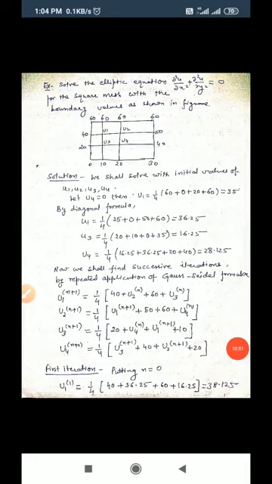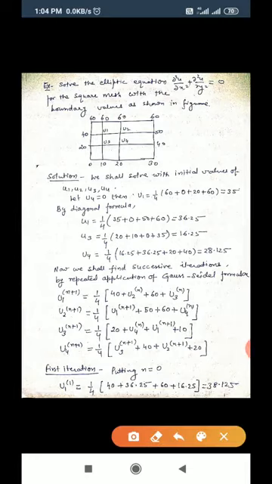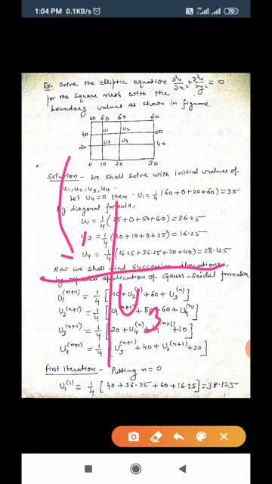By using the standard formula, now we calculate u3. The east value of u3 is u4, and the others are u1 and 10, 20.